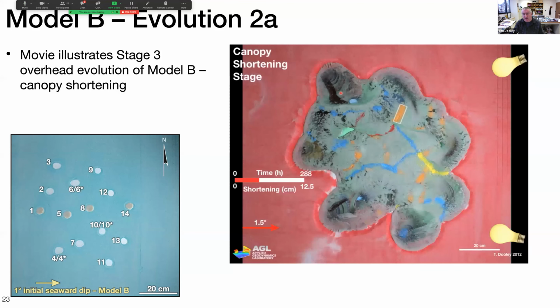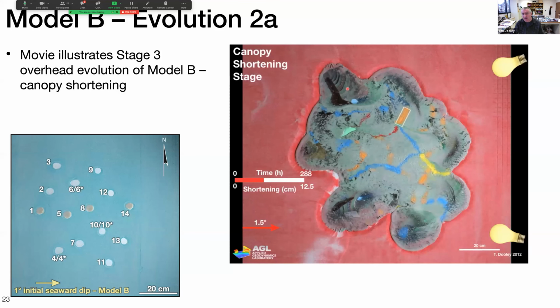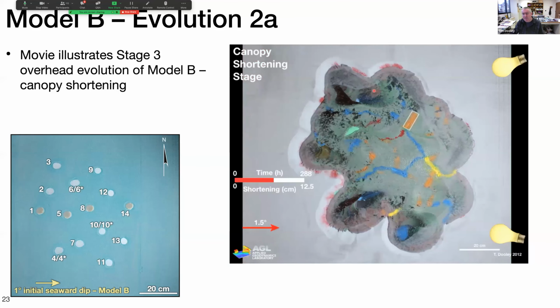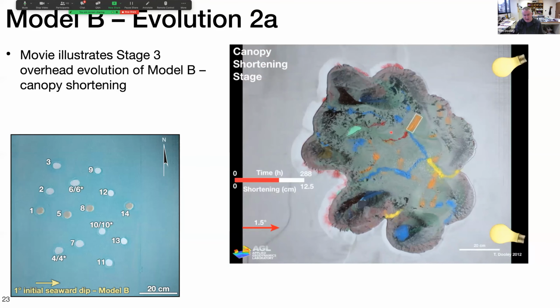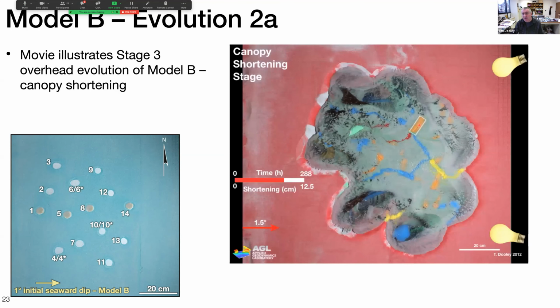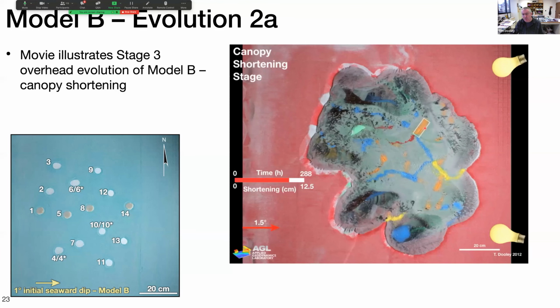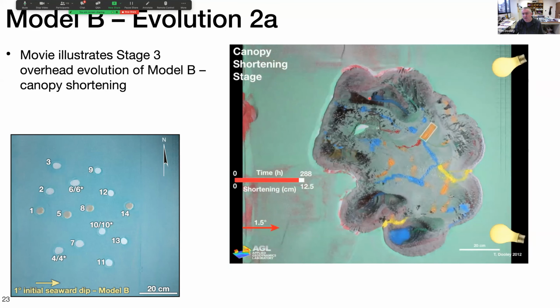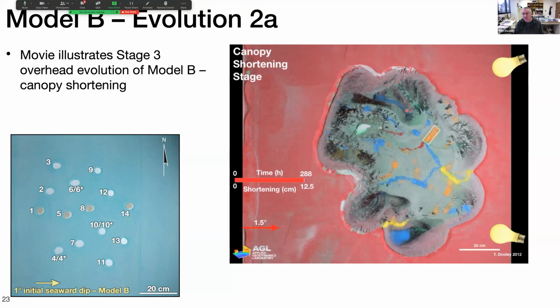So we're squeezing, we're expelling salt upwards, and we are inflating the canopy system. Our suture here has moved all the way down slope. We can see salt here coming up from the source layer here.